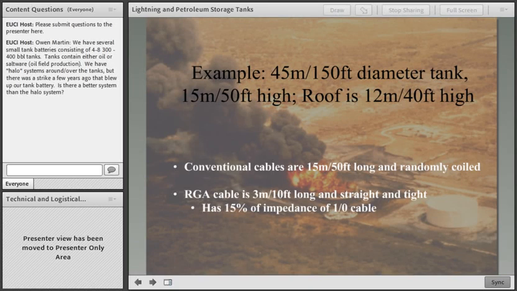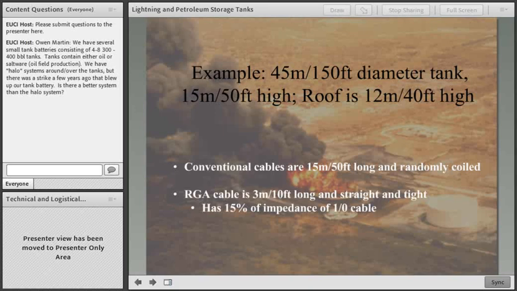For example, let's suppose you owned a 150-foot diameter tank that is 50 feet high. Also, let's assume that the tank is 80% full, which means that the roof is 40 feet high.